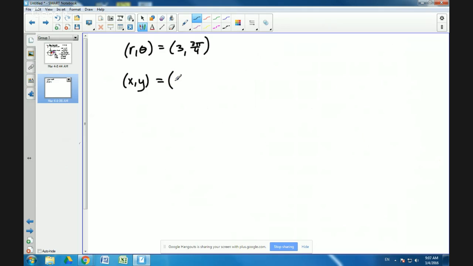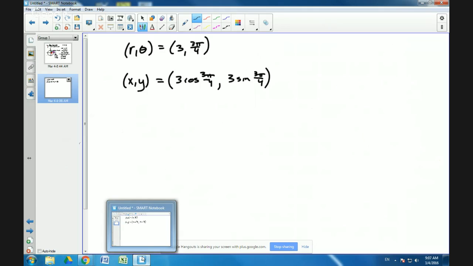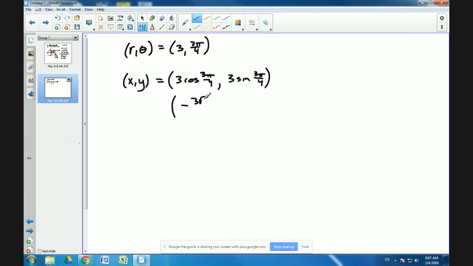So my x value is 3 cosine 3 pi over 4. My y value is 3 sine 3 pi over 4. So then I'll just calculate the values there. So this should be negative 3 root 2 over 2. And sine of 3 pi over 4 is root 2 over 2. There you go.